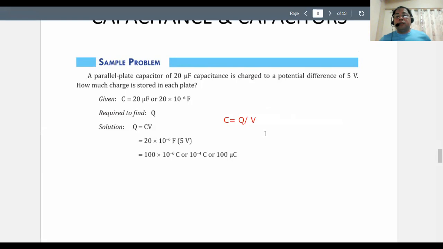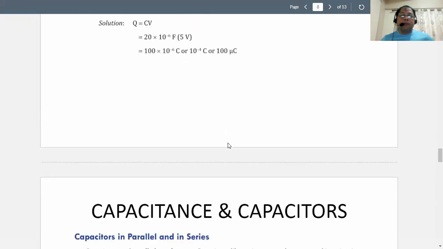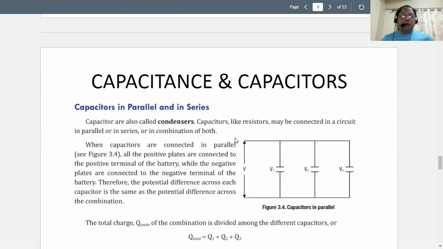Please remember, this is different from our equation in electric potential. This is now talking about the capacitance value. So you multiply that and you'll get your number of coulombs on your capacitor.